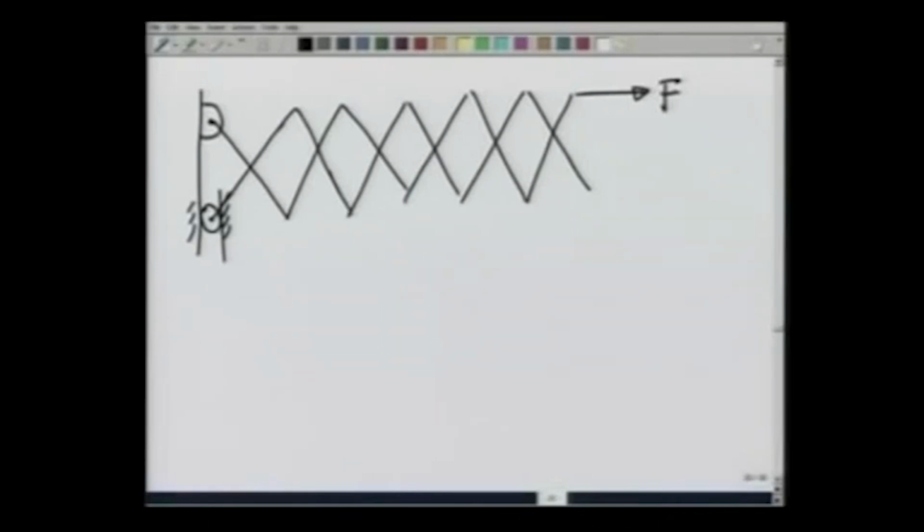Each bar is mass m, and I want to calculate how much force F is required to keep this entire system in equilibrium. Again, notice that the system has only 1 degree of freedom, with this theta describing everything. Let the length here be b.